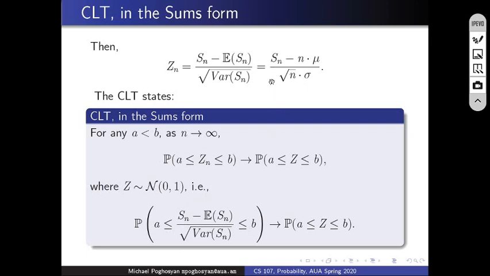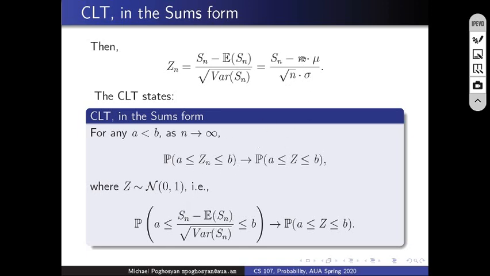Sometimes textbooks are using sums form Sn, they are writing for Sn. Sometimes they are writing for Xn bar, the average form. We will talk about the difference between those two statements. So this is for sums Sn.